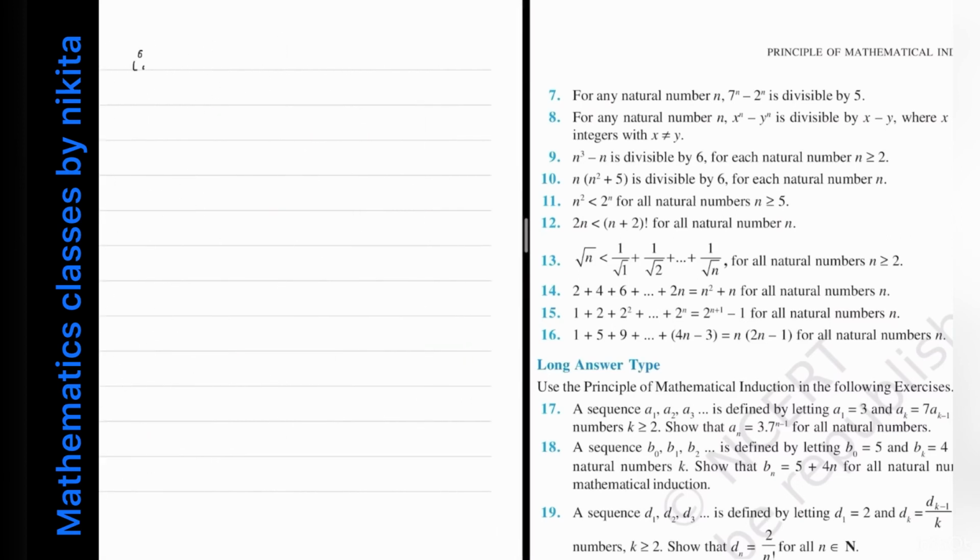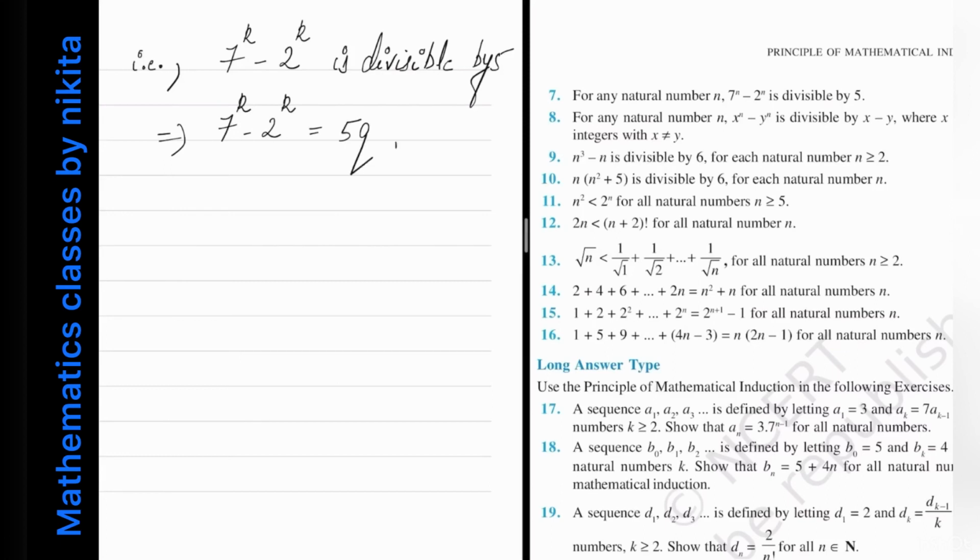That is, 7 to the power K minus 2 to the power K is divisible by 5. And this thing can be written as 7 to the power K minus 2 to the power K is equal to 5 times Q, where Q is some integer. And this implies that, mark this as 1.